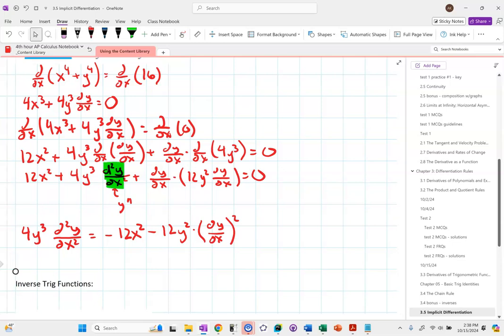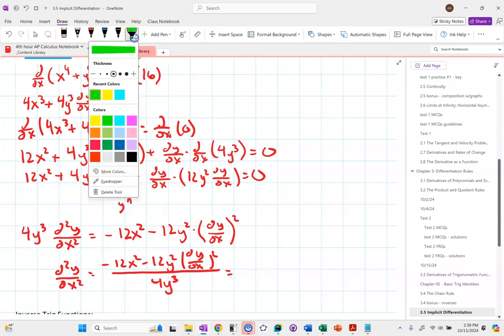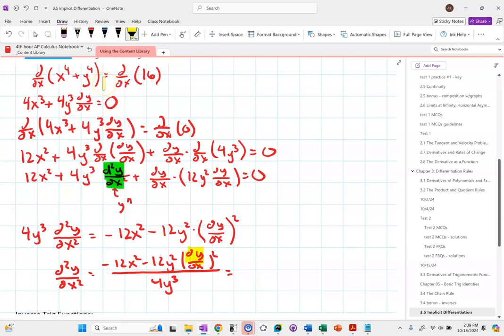And then we'll divide both sides by 4y cubed. And then my last step here is going to be substituting in for dy dx, which I guess I did need at this step.